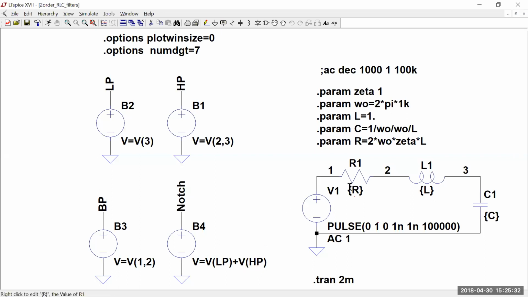So I think you've seen me do this, and you've done it yourself, where you type in the Laplace transform in a behavioral voltage source to get the frequency response that you want of any particular filter. The problem with that is when you go to do the time domain, it sometimes just doesn't work.